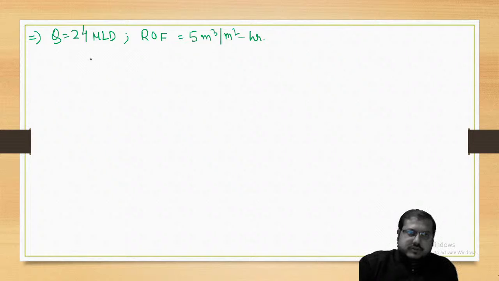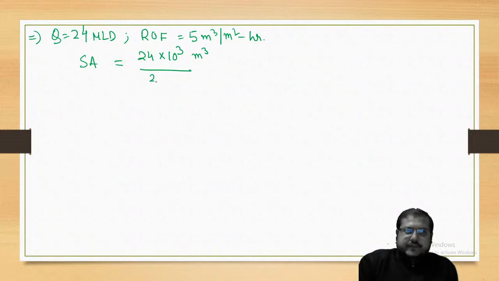So surface area of filtration, total surface area will be Q, that is 24 into 10 to the power 3, that part will be meter cube, by 24 into 5.